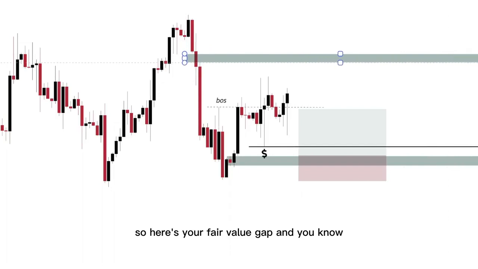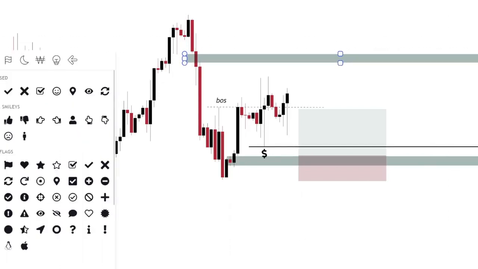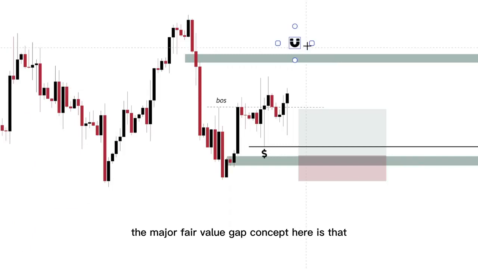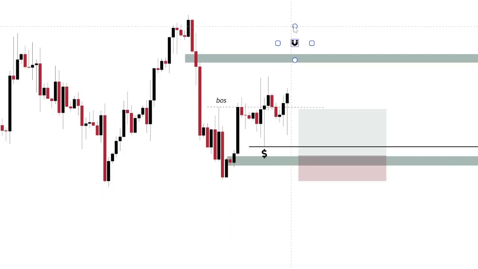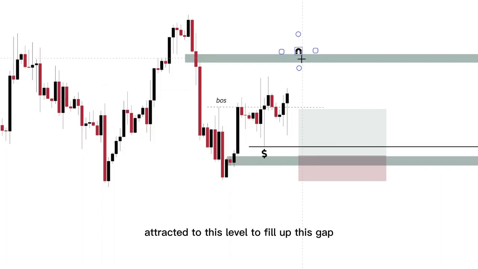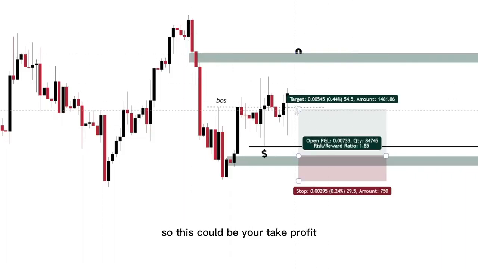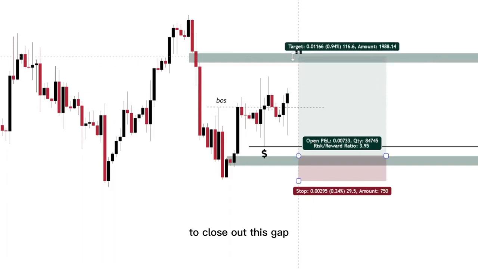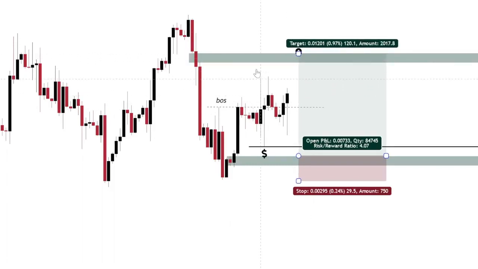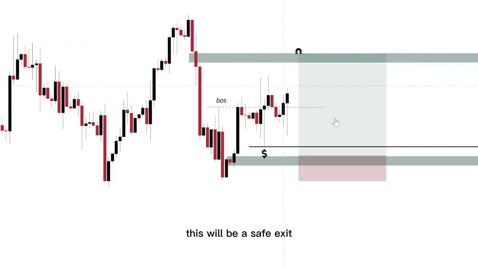So here's your fair value gap, and you know the major fair value gap concept here is that the price will be attracted to this level to fill up this gap. So this could be your take profit to close out this gap. And this will be a safe exit.